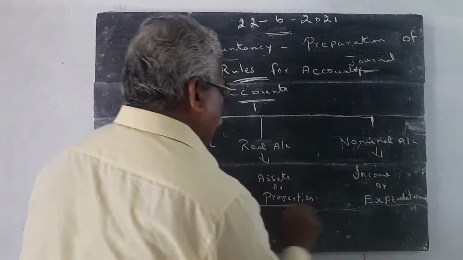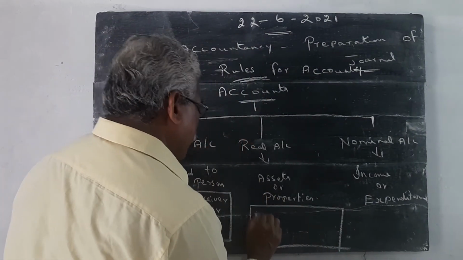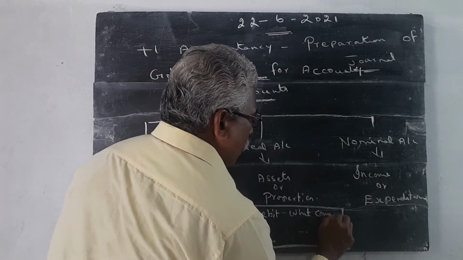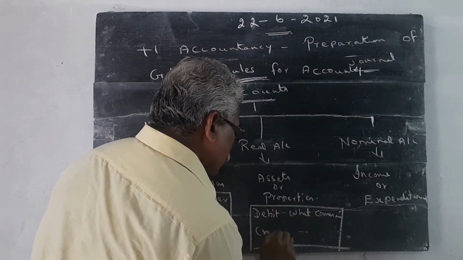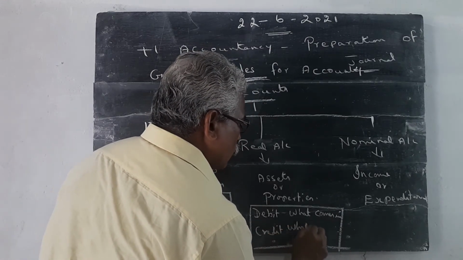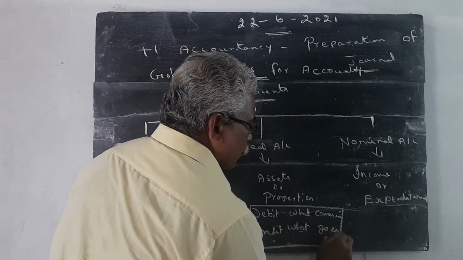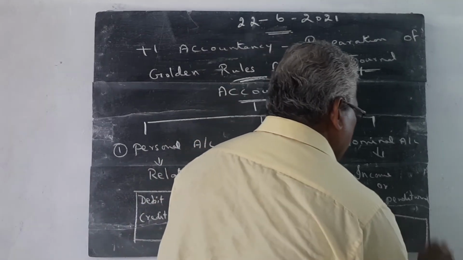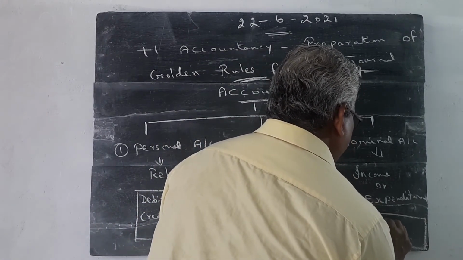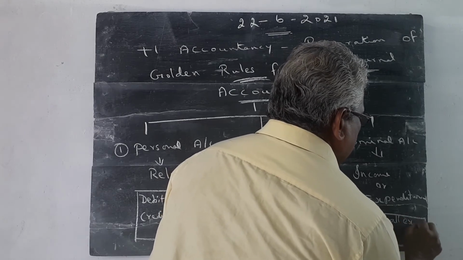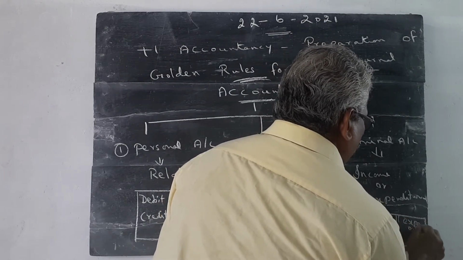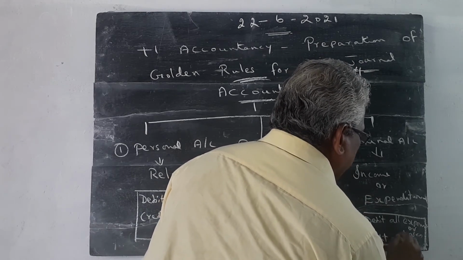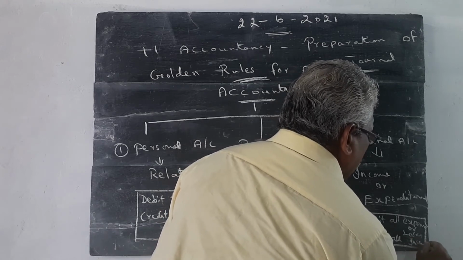The rule of the real account is debit what comes in, credit what goes out. The rule of the nominal account is debit all expenses or losses, credit all incomes or gains.